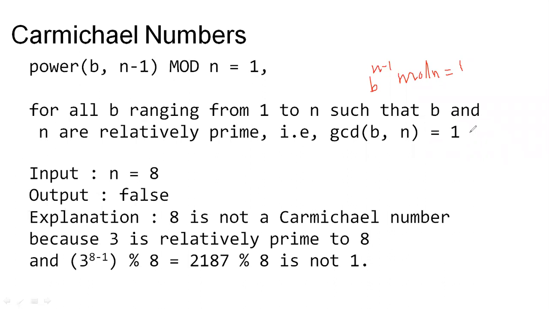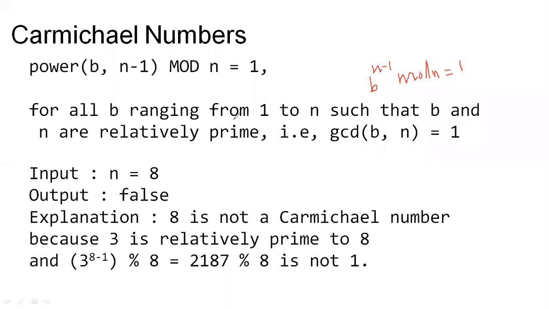So to find the absolute pseudoprime number, or we can say the Carmichael number, the equation is b raised to n minus 1 mod n equal to 1, or you can say b raised to n minus 1 is congruent to 1 mod n. You can use either form of the equation.